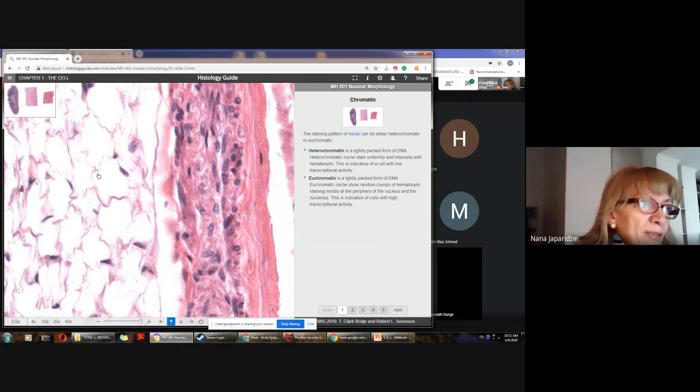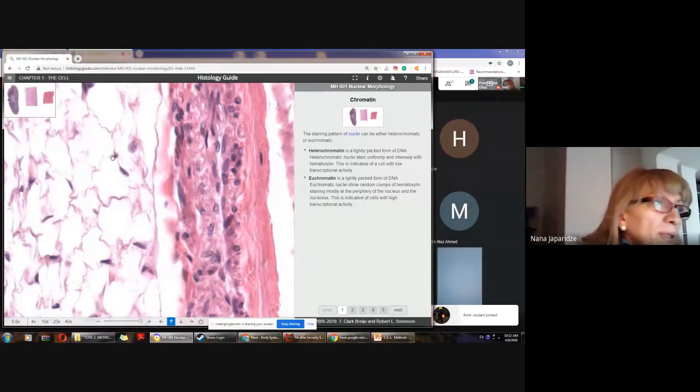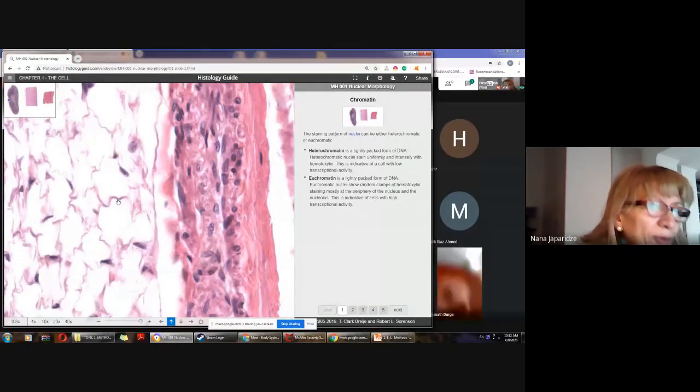So this is cell, here should be membrane, and a small amount of fat-free cytoplasm. All other part of cytoplasm is filled with fat. So you will search the peripheral part of the cell and try to identify their nucleus.